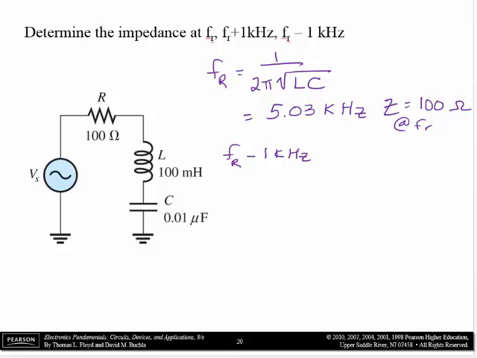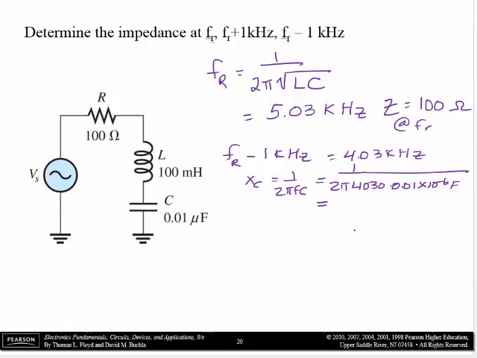So the resonant frequency minus 1 kHz is 4.03 kHz. Then you have to find XC, which is 1 over 2 pi f C: 1 over 2 pi times 4030 hertz times C, 0.01 times 10 to the minus 6 farads.